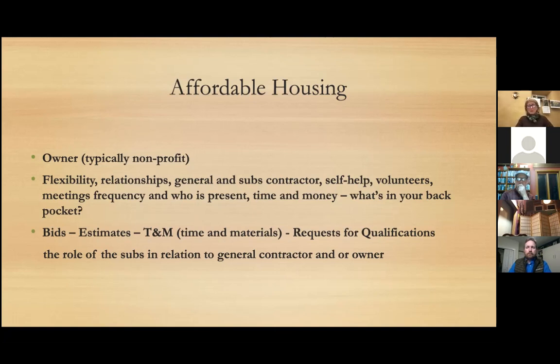So a lot of times I'll go with estimates or I'll go with time and materials. One of the reasons that I like this request for qualifications is you get to know some of the local subs around here, and they are pretty much the hardest working people you've ever seen.